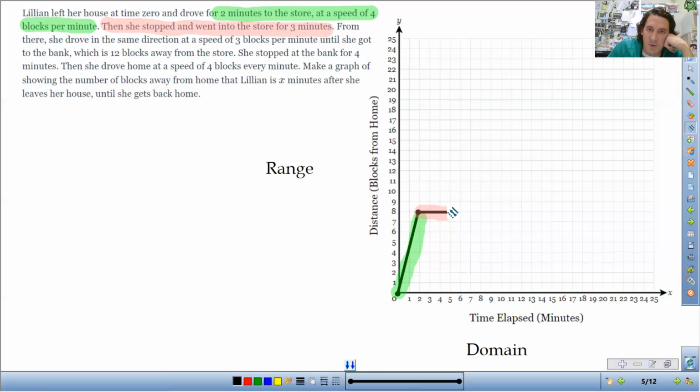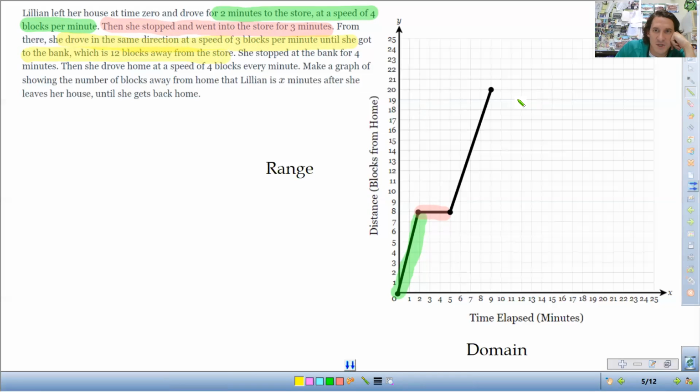Here I'll count 1, 2, 3 over 1 minute, 4, 5, 6 over 1 minute, 7, 8, 9 over 1 minute, 10, 11, 12 over 1 minute. So that stretch right there, where she drove 3 blocks per minute, is the yellow section here.